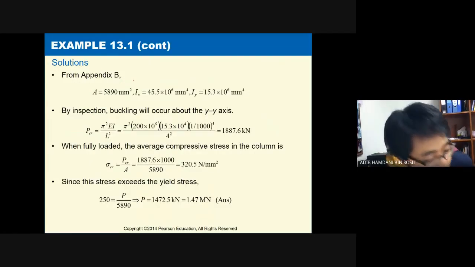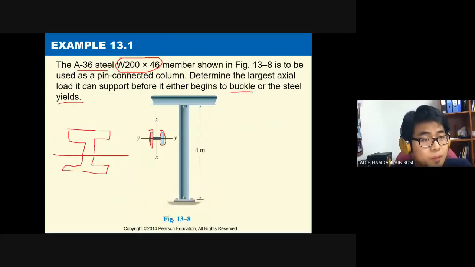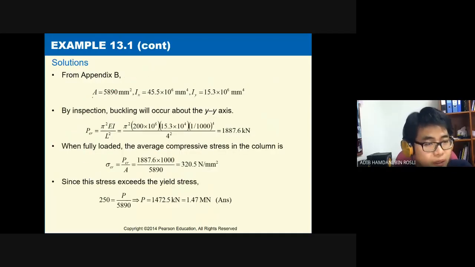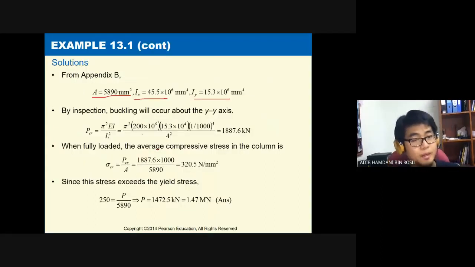So from Appendix B, which is from your textbook, you'll see that for this W200 times 46 wide flange beam, it has the area of this, and the Ixx is this, and Iyy is this. Again, please understand which one is X and Y. Look at this table. When you compare Ix and Iyy here, we see that Iy is less than Ix.